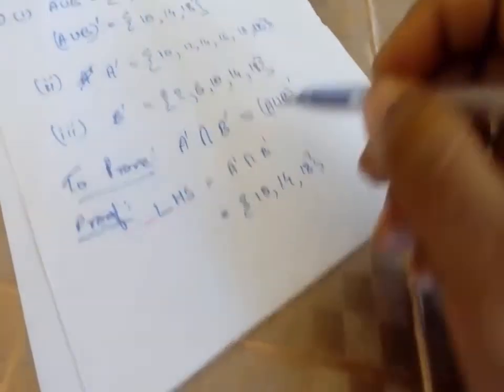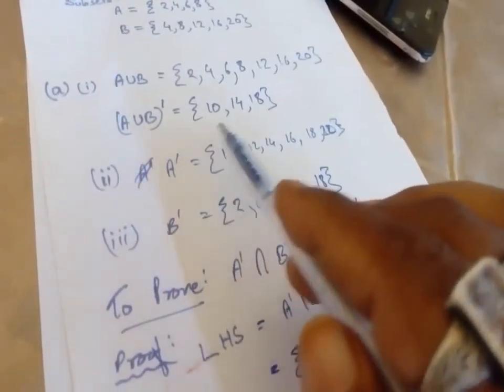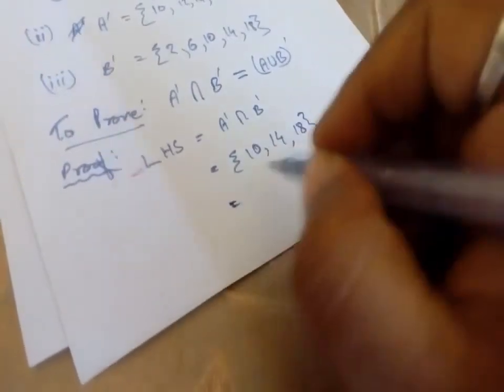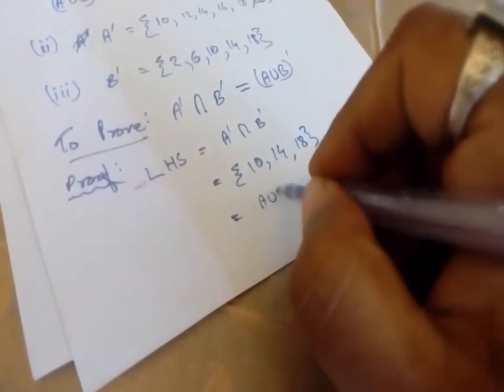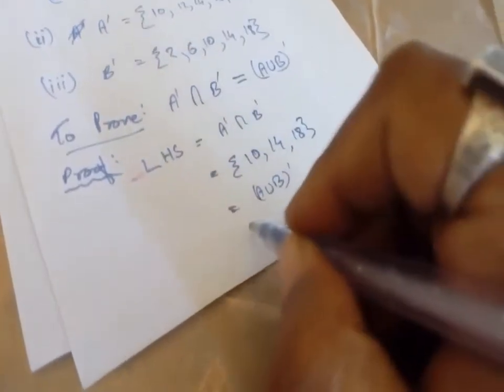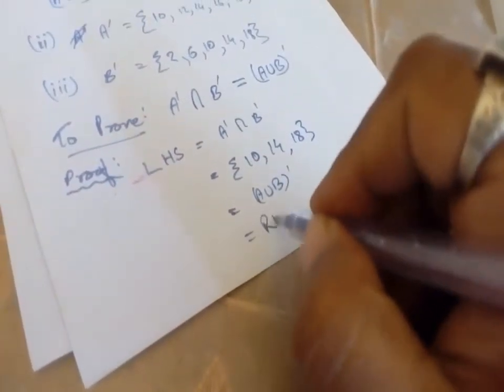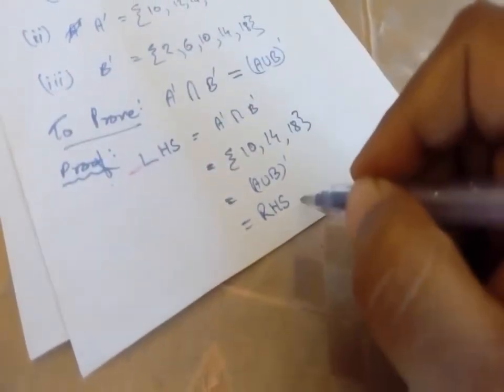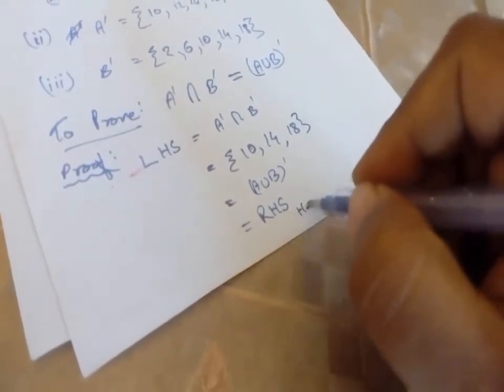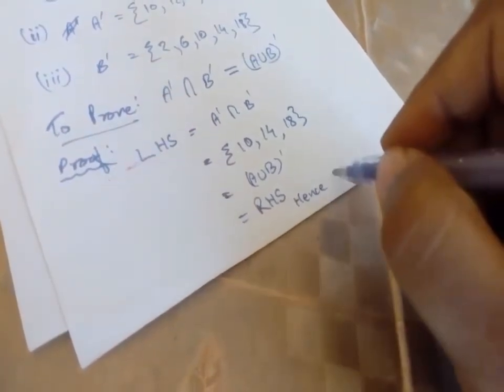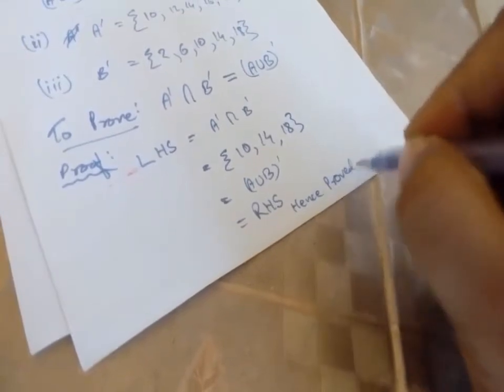Okay, and (A union B) whole complement we have already found out is 10, 14, 18, which is equal to this much. So this is equal to (A union B) whole complement, which is the right hand side. Hence proved.